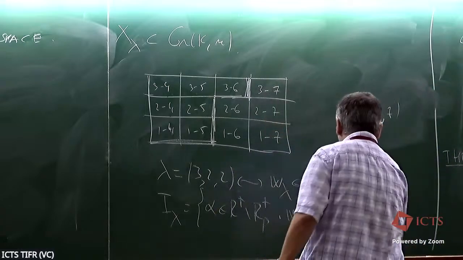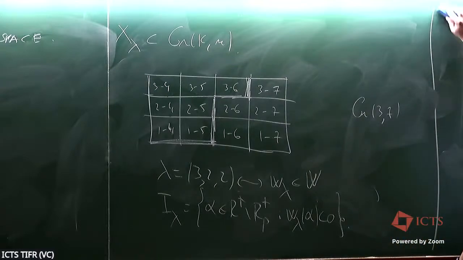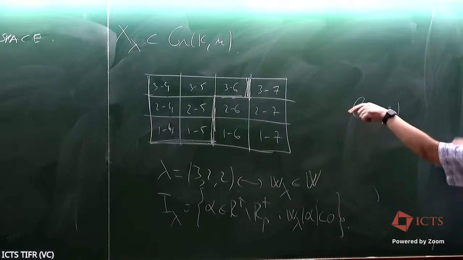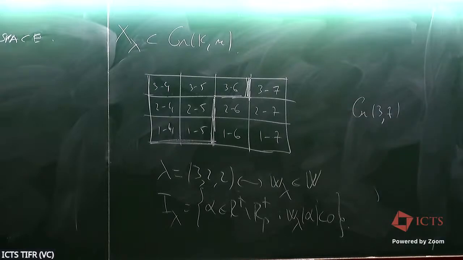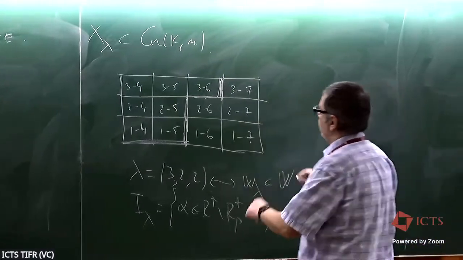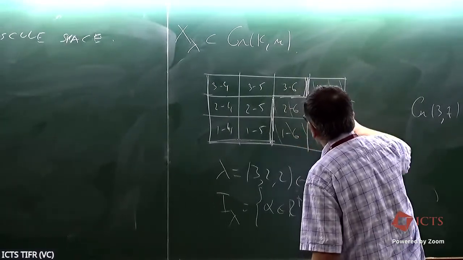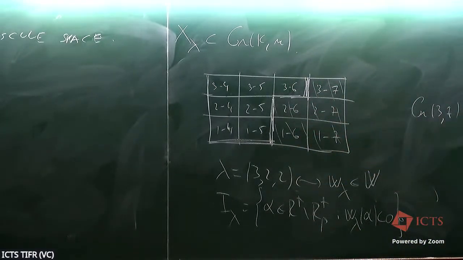So what is now Rahul's observation? What I want to do is take this particular Schubert variety, which is drawn there, and look at the conormal space at a particular point, namely the smooth point in the middle of the Schubert cell corresponding to lambda. So that one will correspond essentially to this part here, the roots which are outside lambda.